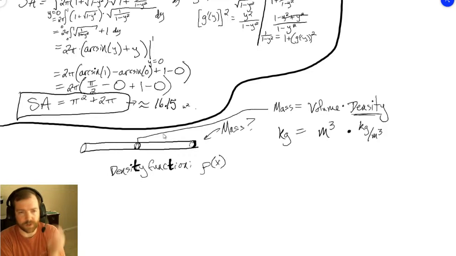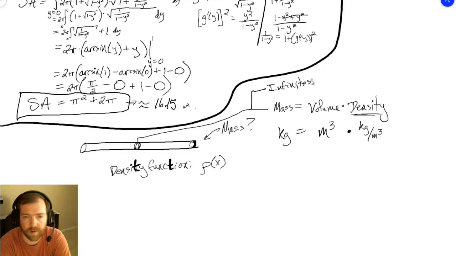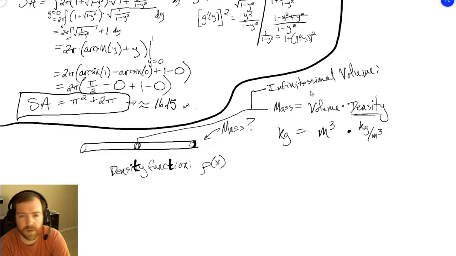Well, again, if we just look at one single sliver or one single coin that's been chopped out of it, then the infinitesimal volume is going to be given by an infinitesimal cylinder.